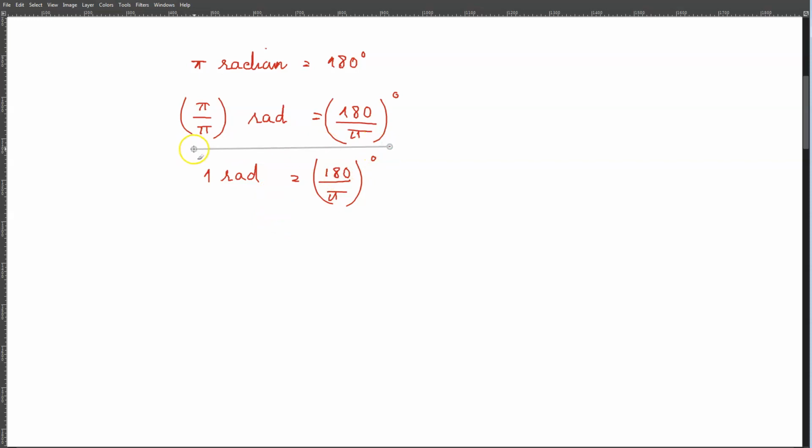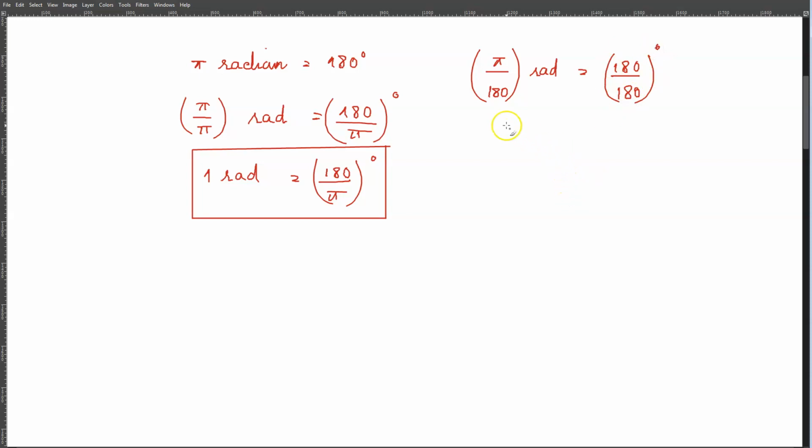That is one thing. And the next thing that we can do is take the same equation and divide both sides by 180. Meaning that I can write pi divided by 180 in radians is equal to 180 divided by 180 in degrees, which gives me pi divided by 180 radians is the same thing as 1 degree.